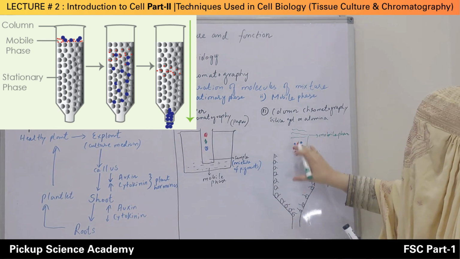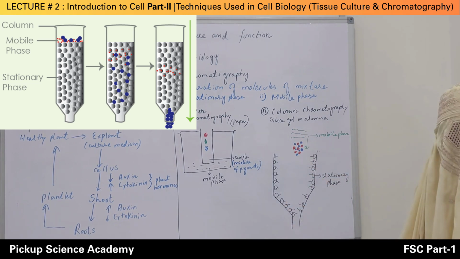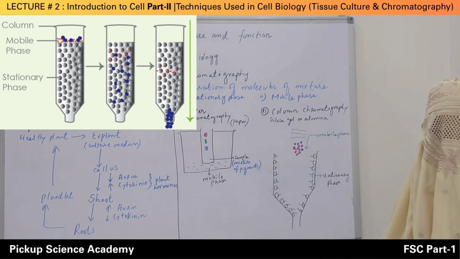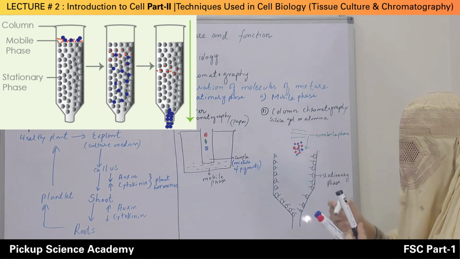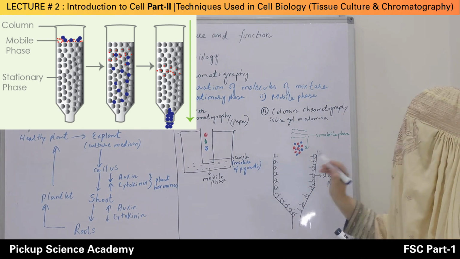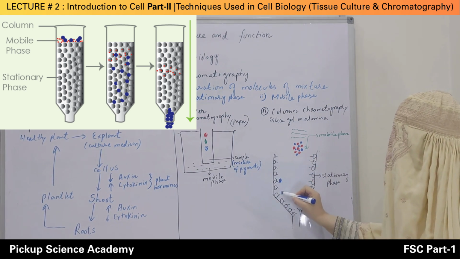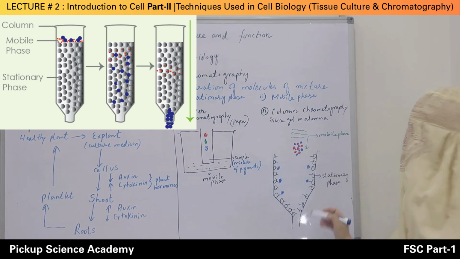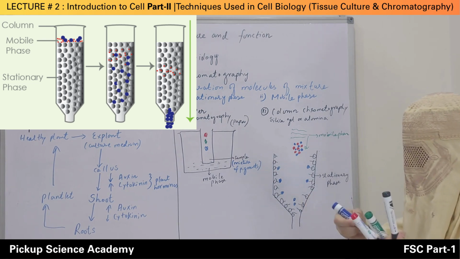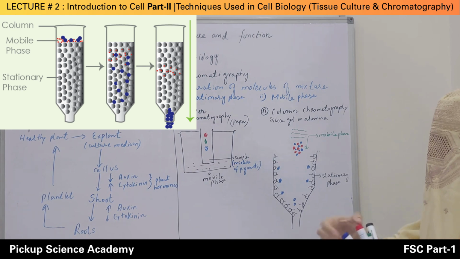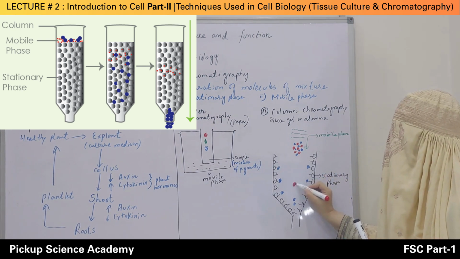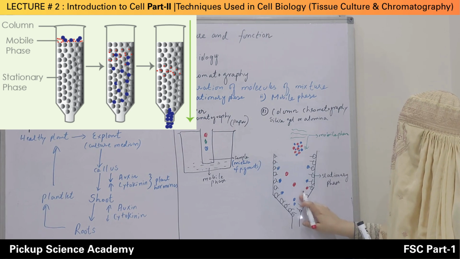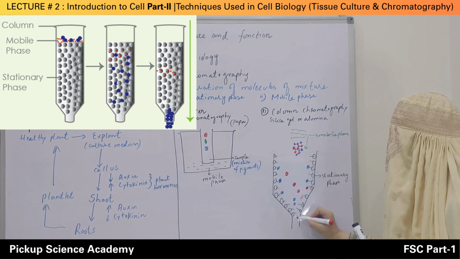So when these particles move through that column, what will happen? They will show interaction with the stationary phase and mobile phase. Okay. So there will be interactions. Suppose the blue particles have more affinity with the stationary phase, and the red particle has less affinity.